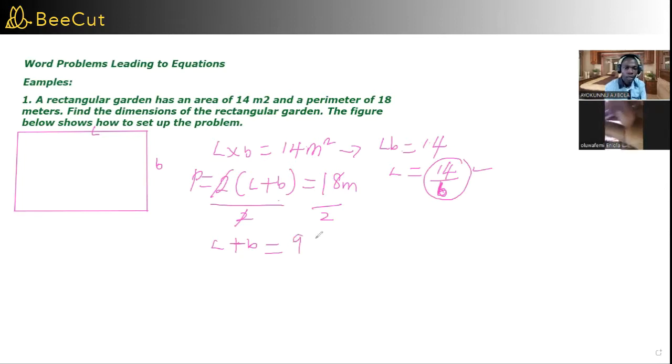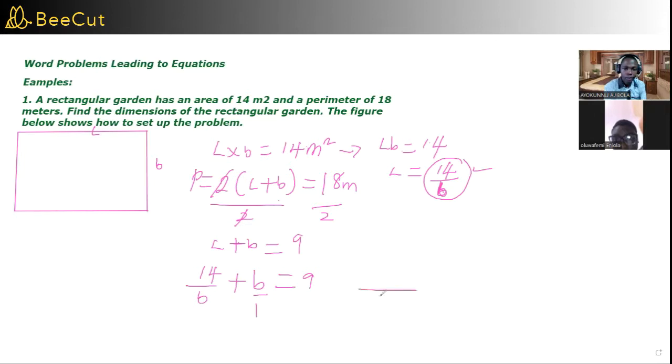So here you can put the value of your length, which is 14 over b, into the equation. Still writing length again, 14 over b plus b equal to 9. So you find breadth now. When finding breadth, you find your LCM.